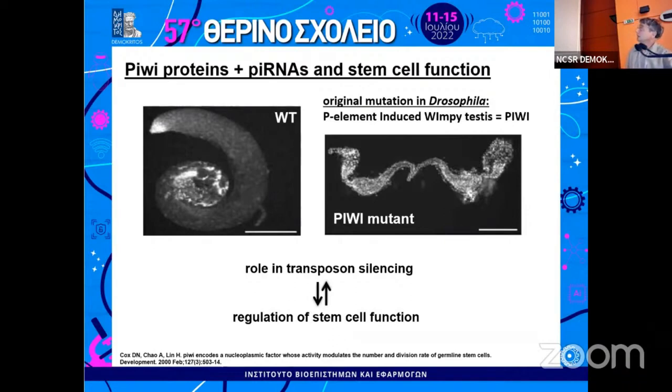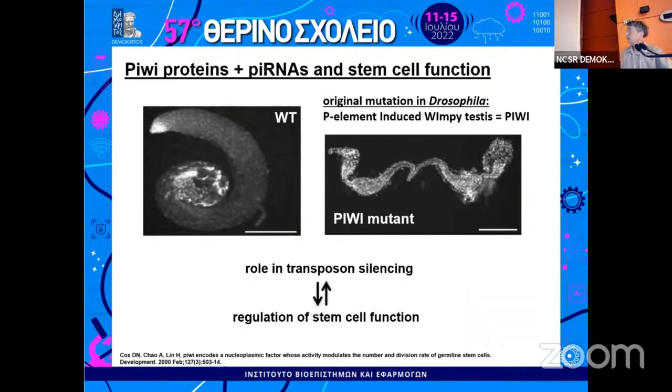And actually, the name PIWI was derived from this. The abbreviation stands for P-element induced wimpy testis. And I want to end with some speculation on the link between the role in transposon silencing and regulation of stem cell function.